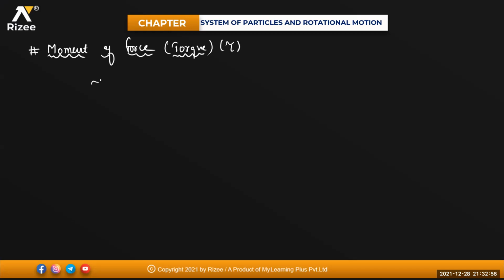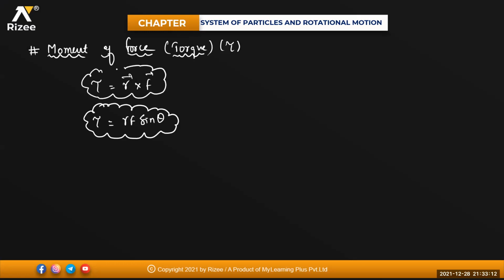So tau is equal to r bar cross F bar, or tau is equal to r into F into sine theta. Very important relation, beta. Tau is the torque acting on a body, r is the position vector, and F is the force acting on the given condition. Clear?